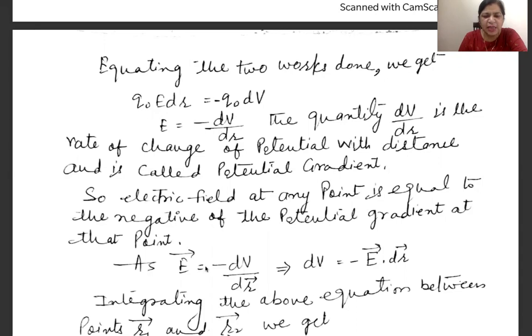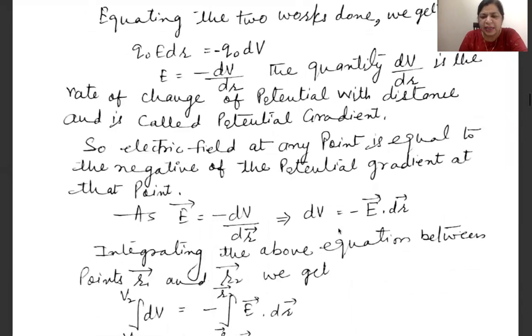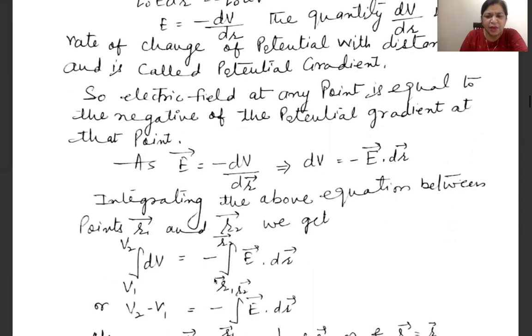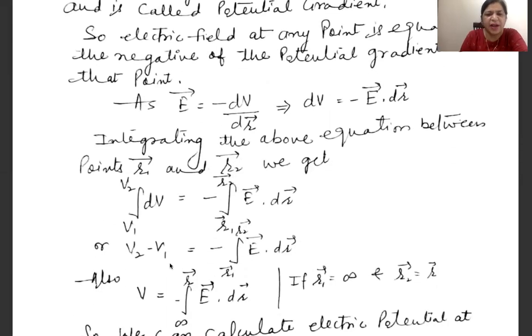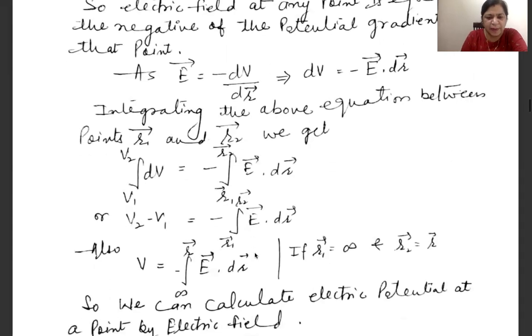So as E is equal to minus dV by dr, this implies that dV is equal to minus vector E dot dr. Now integrating the above equation between the points R1 and R2, if we are having the 2 points, we get the total potential difference from V1 to V2, with positions from R1 to R2, equal to V2 minus V1 is equal to minus of this integral.